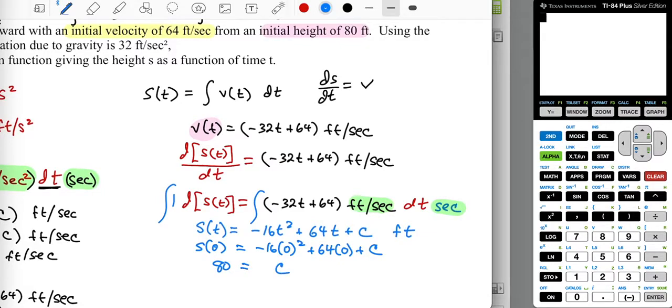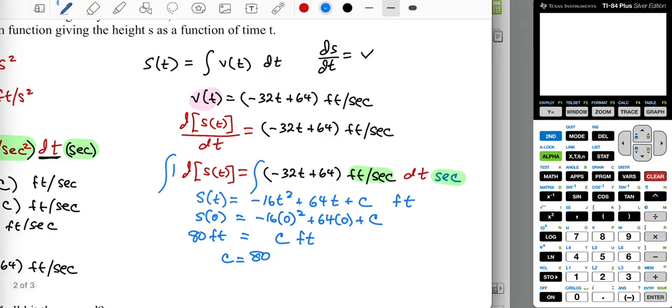So 80 feet is going to be equal to c feet, which means c is equal to 80. Which gives us the position function for this situation as negative 16t squared plus 64t plus 80.